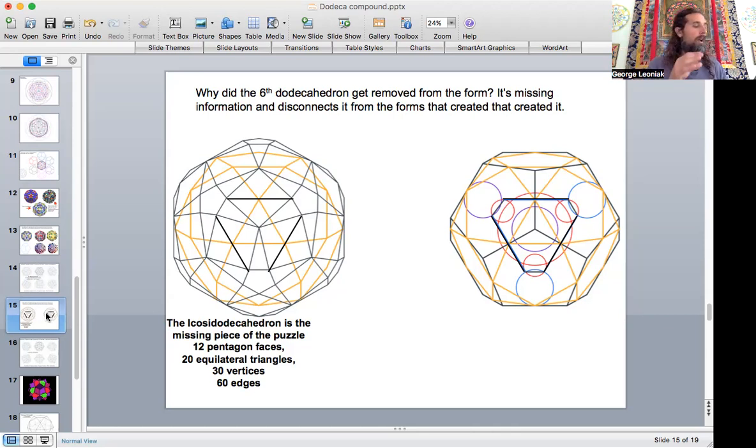Now, the icosahedron and the dodecahedron, those two are dual forms too, the 20-sided and the 12-sided. And that's what we get. This version of the icosidodecahedron is like the cuboctahedron: 12 pentagonal faces, 20 equilateral, 30 vertices, and 60 edges.